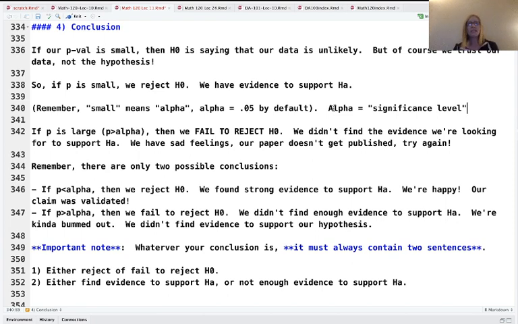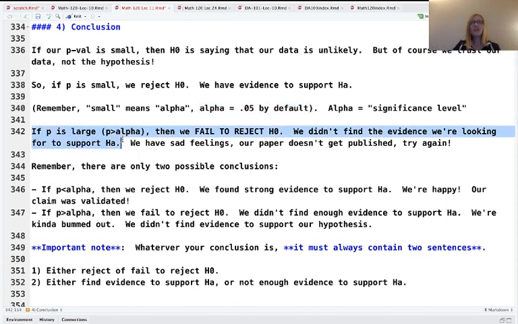And we don't really do any math with it. We just check: is our p-value smaller than alpha? We use alpha equals 0.05 by default. So if a problem ever doesn't state what alpha should be, you can safely assume that it's going to be 0.05. We might use other values for alpha in certain contexts, though. It's a really interesting topic. We're going to talk about that next week.